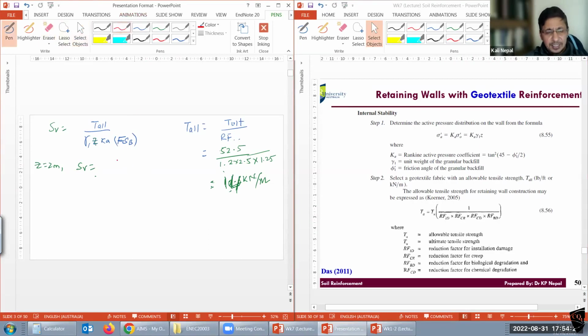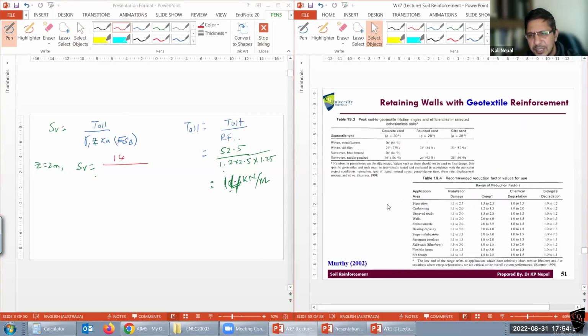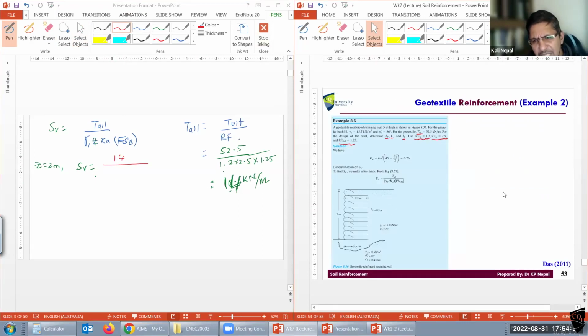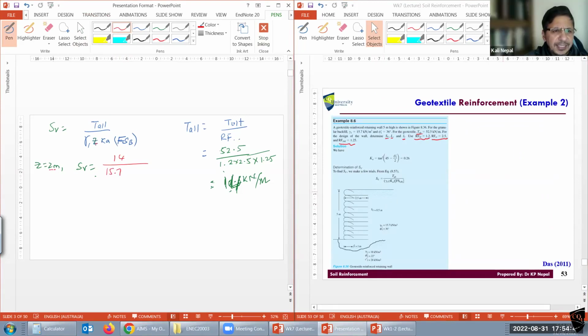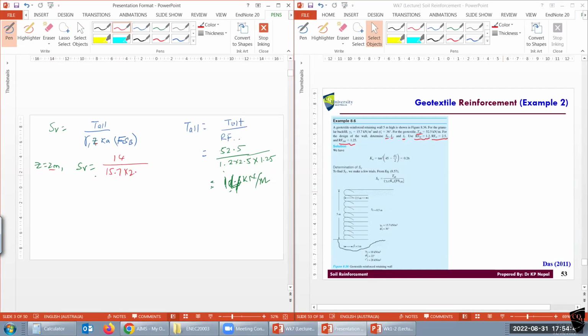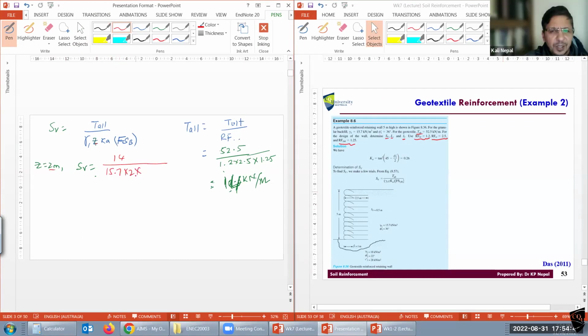So 14 divided by gamma. How much was the backfill unit weight? 15.7. Good. Now for Z, I just use 2 for now. And the K, we haven't calculated it.